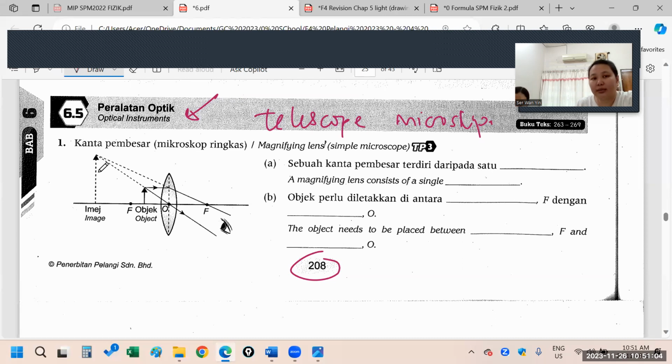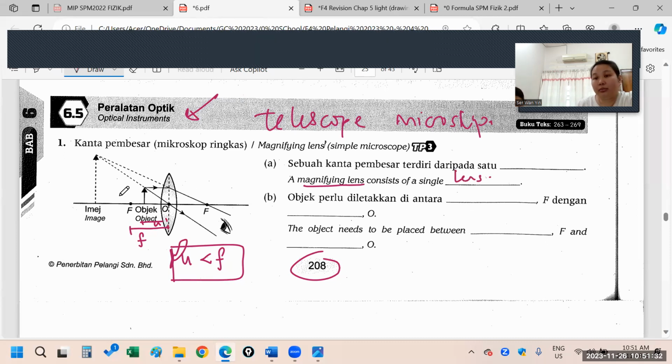Okay, so if you want to magnify the image, we always put the object in between. This is F, this is U. We always put U smaller than F, magnifying glass. A magnifying lens consists of a single lens.